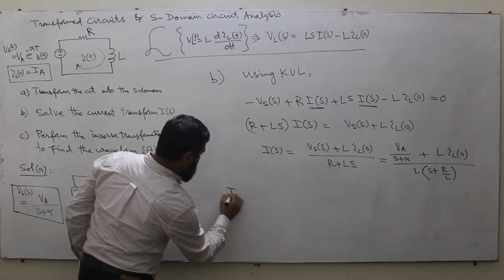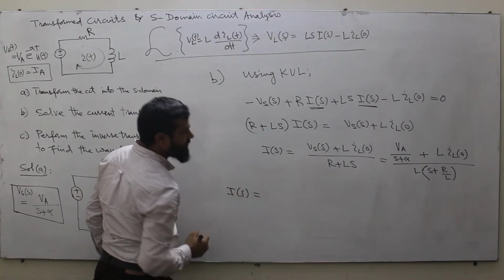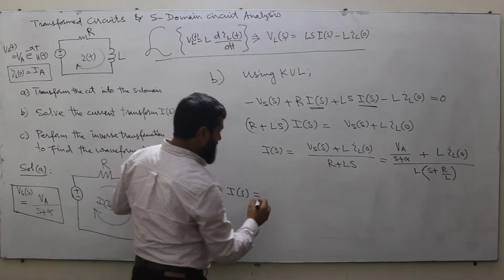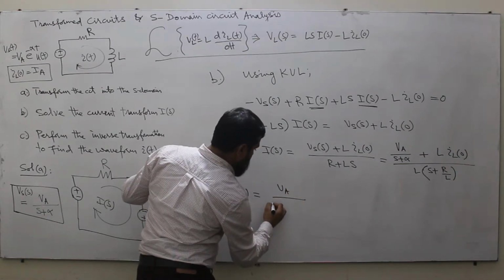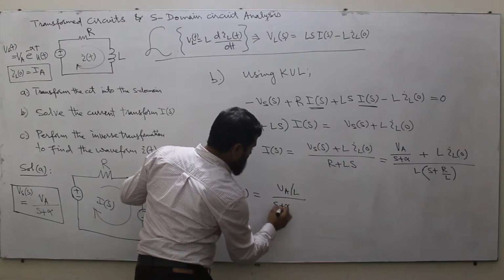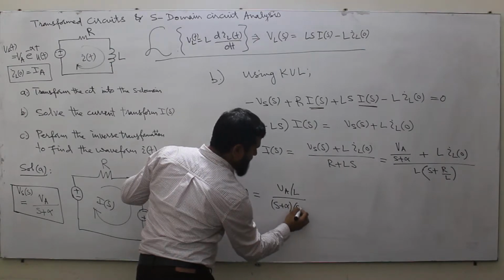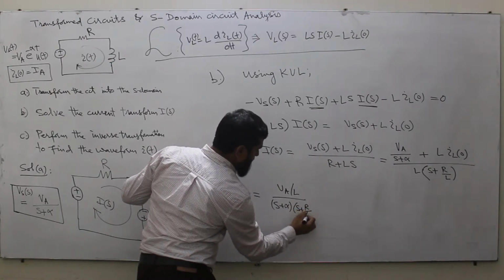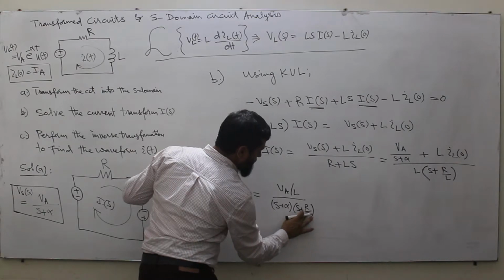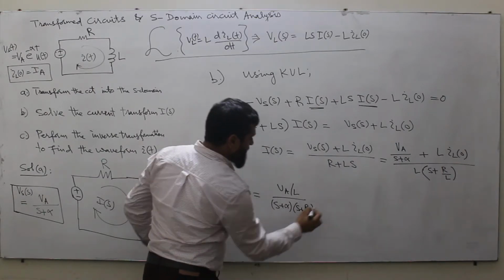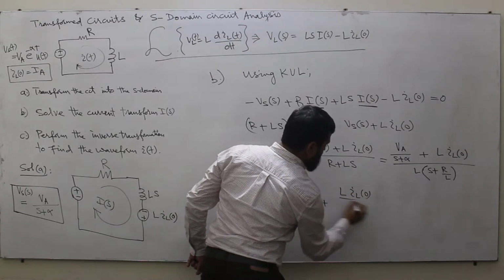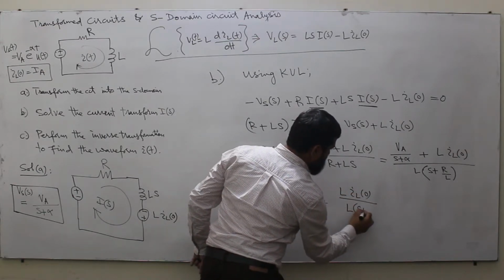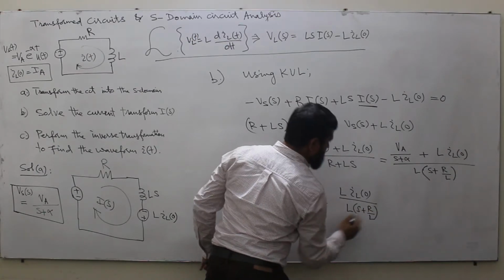So I of S is equal to, we can now separately write, VA over L divided by S plus alpha into S plus R over L, plus L into IL of 0 divided by L into S plus R over L.